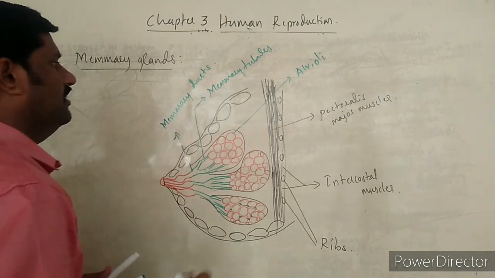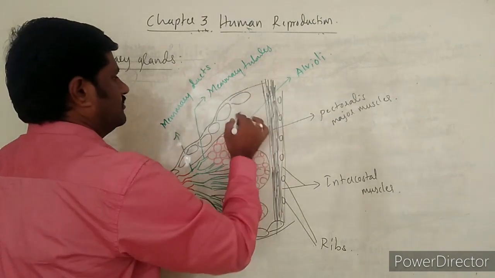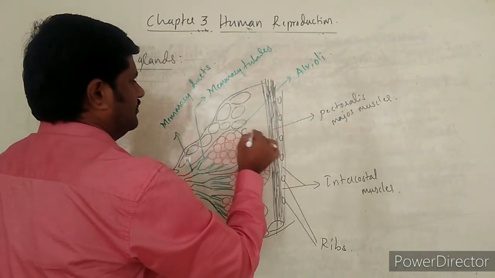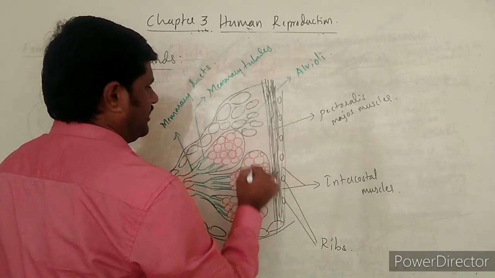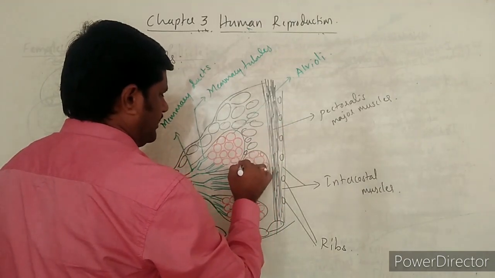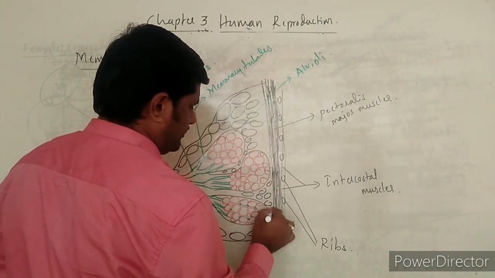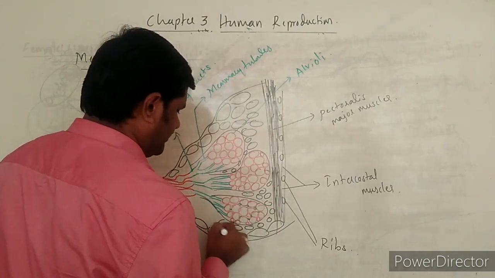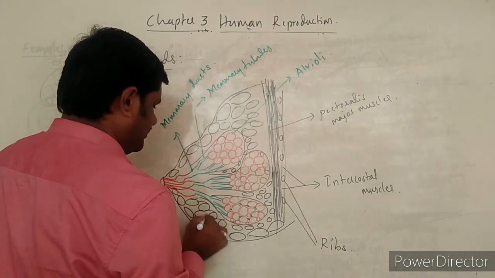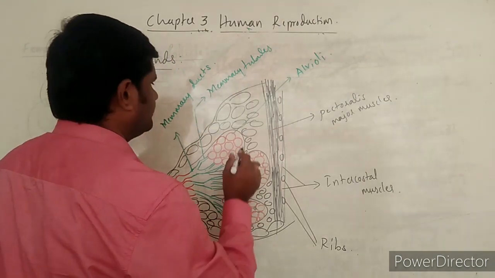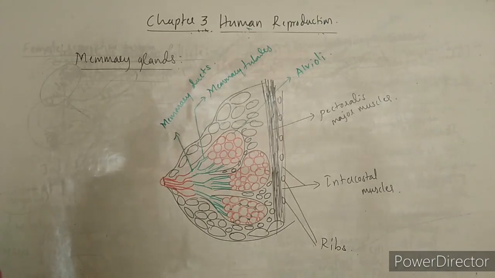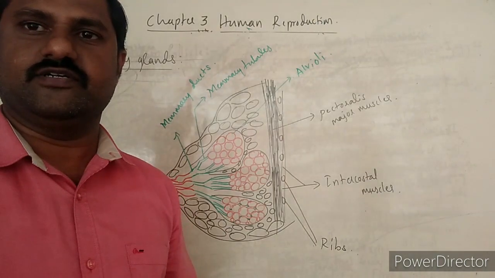All other parts are filled with fatty material as well as connective tissue, especially the fibrous connective tissue that we come across here. So this is how the mammary glands are present.